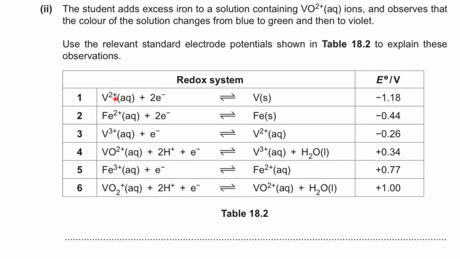That's V2 plus to V0, that's a reduction. Iron 2 plus to iron 0, that's a reduction. So that's why these are called standard reduction electrode potentials. These electrode potentials are not showing oxidation, they're showing the reduction.